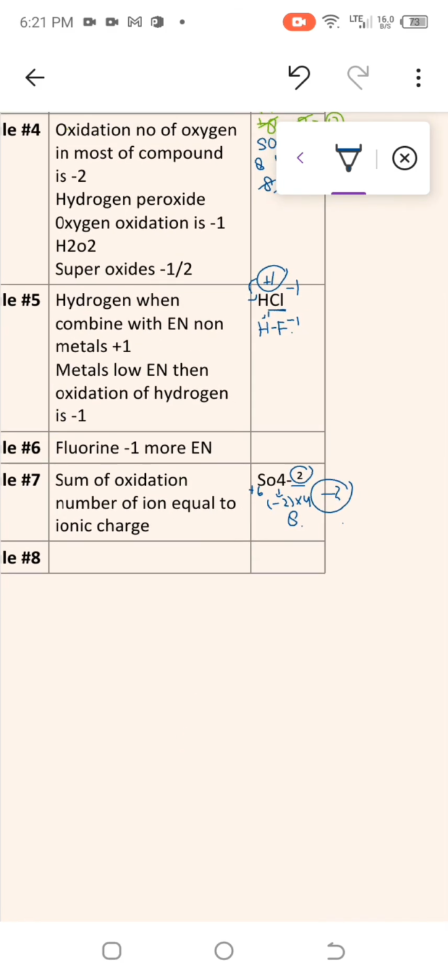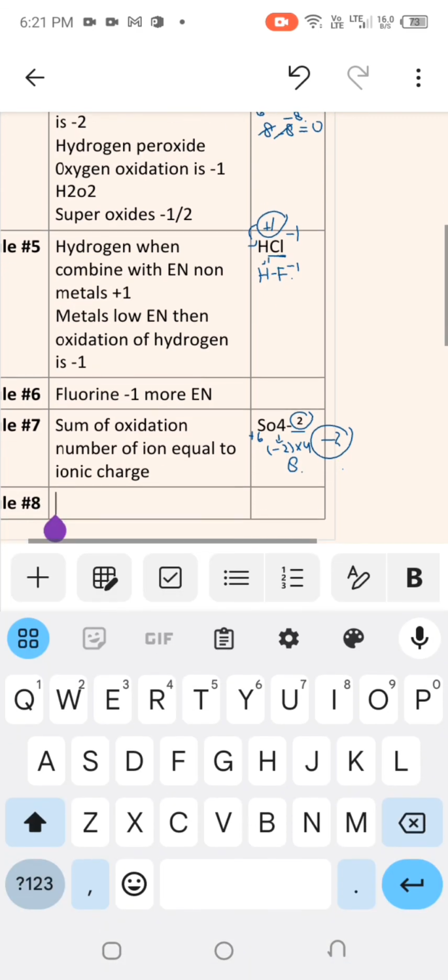Okay. Now we have the last rule, rule number 8, which tells us about group 1 elements. The oxidation number of group 1 elements in the periodic table is always +1.